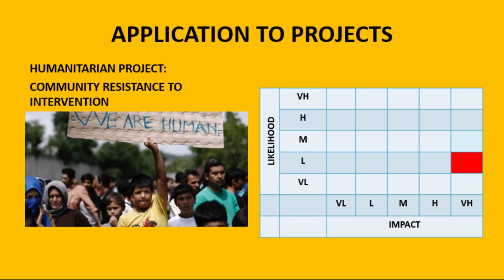So despite the low likelihood, the very high impact suggests that this risk should not be ignored. Strategies could include ongoing community consultation, transparent communication, and collaboration to mitigate the risk.